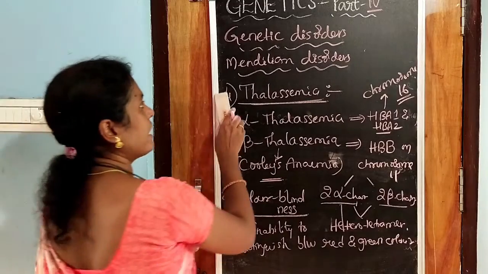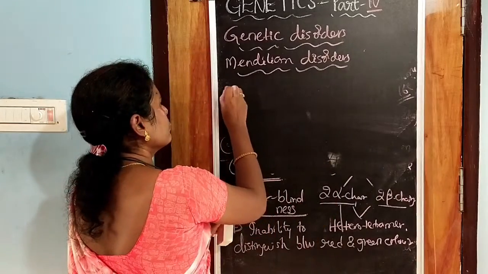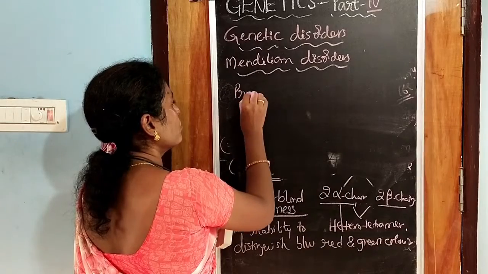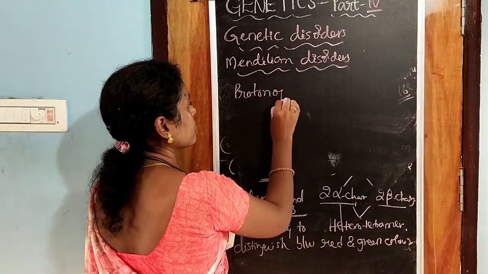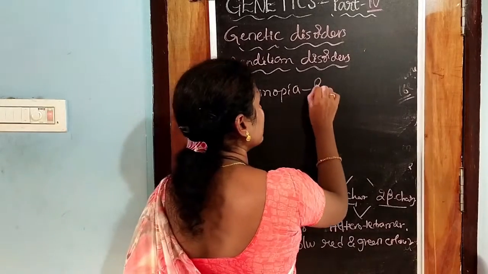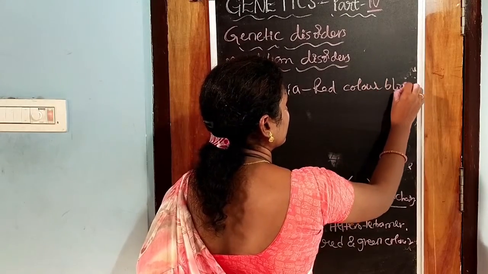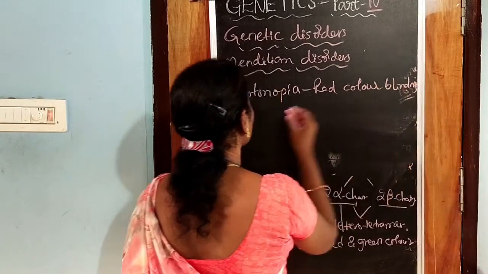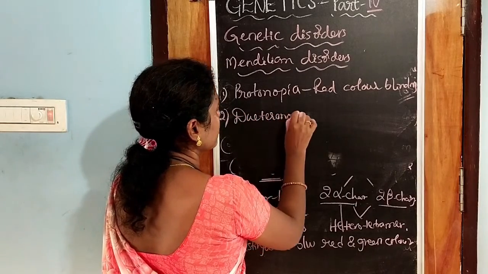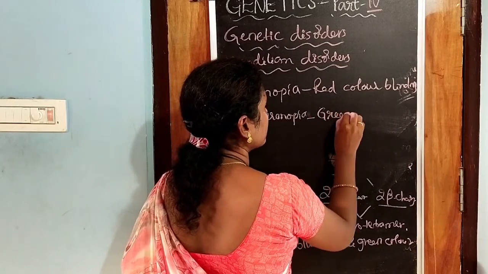The red color blindness is called protanopia. Next one is deuteranopia, which is a green color blindness.